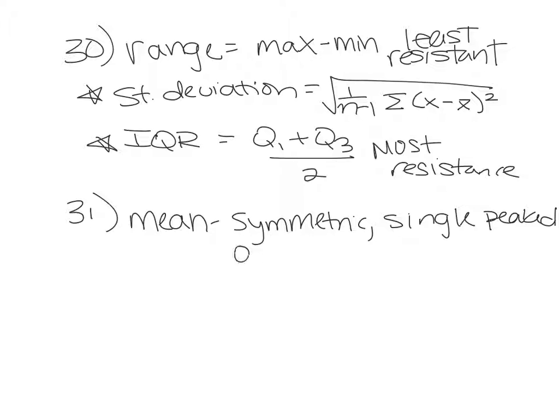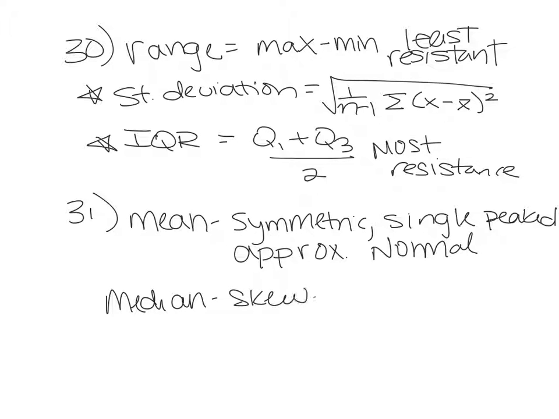A better way to say that is approximately normal. Right, and then we use the median anytime that the data is skewed, whether it be skewed to the right or skewed to the left.